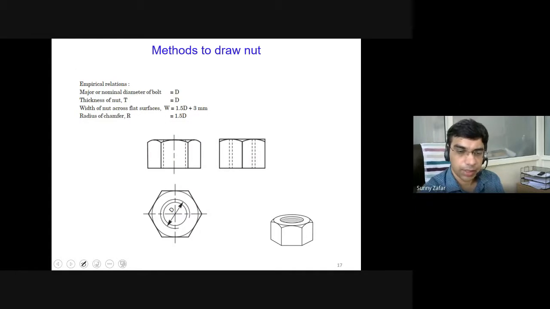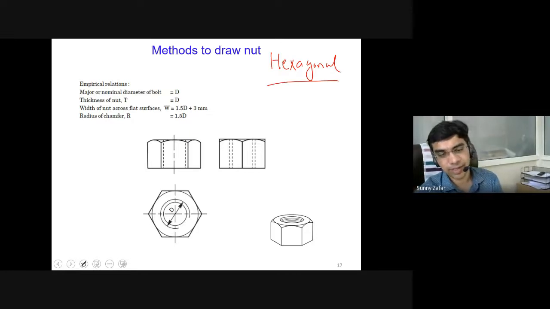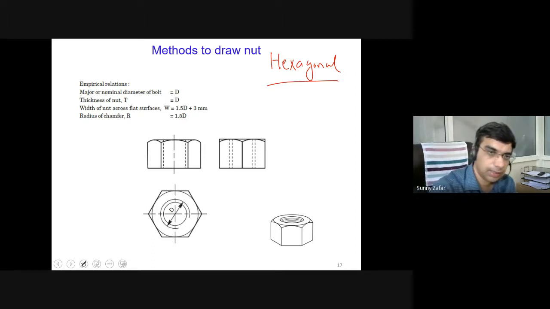Now we come to the various dimensions which are taken for the hexagonal nut. These are specifically for the hexagonal nut. Again, these are empirical dimensions, which means these are derived using experience. The base dimension that you need to know is the diameter of the bolt.